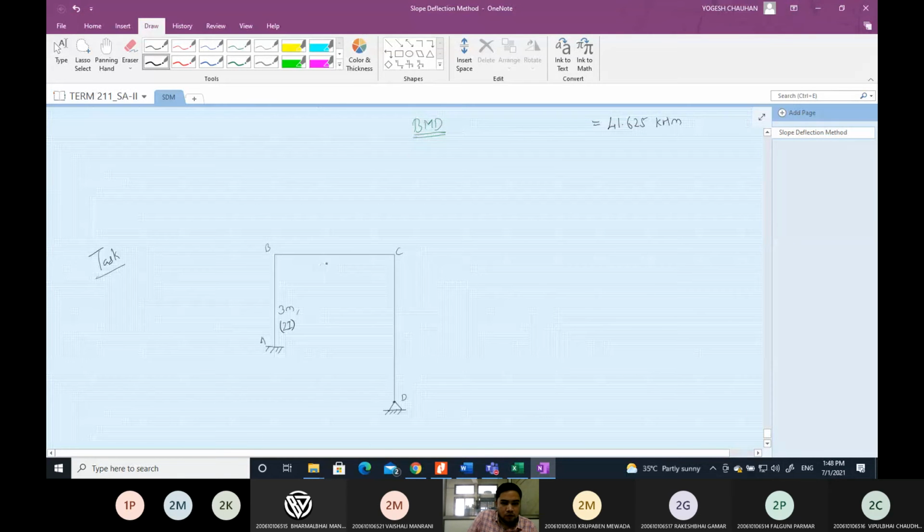This is 3I, and this is 2I. This is 4 meter, and this is 6 meter. There is a central point load here, 18 kilonewton.